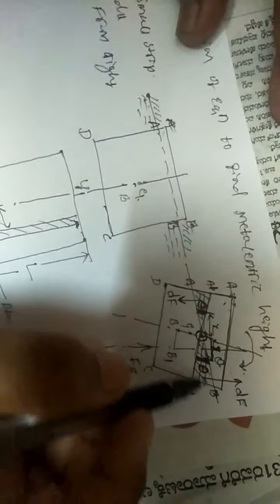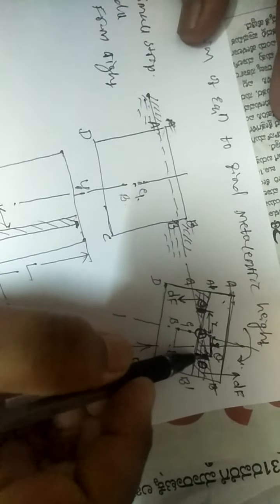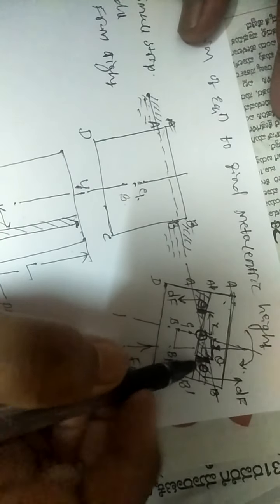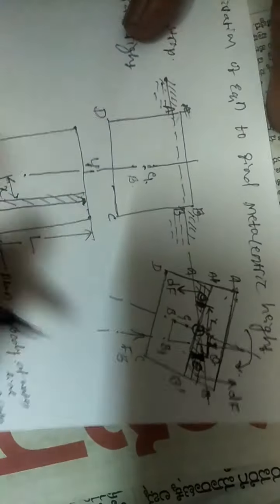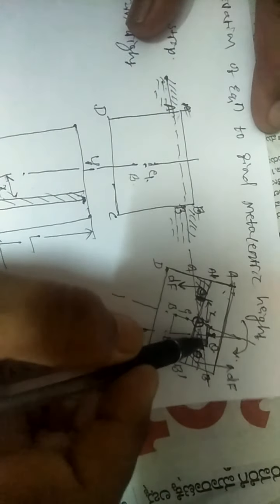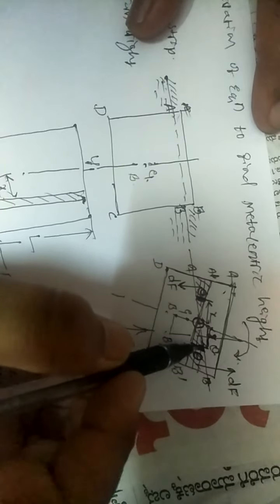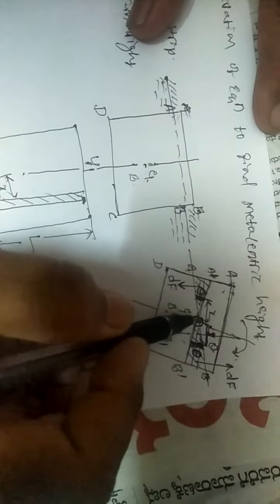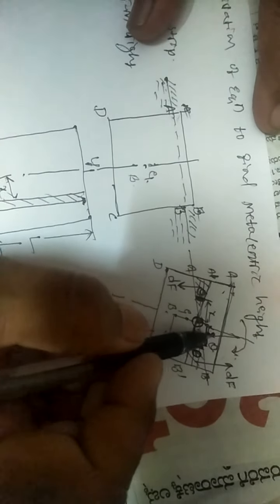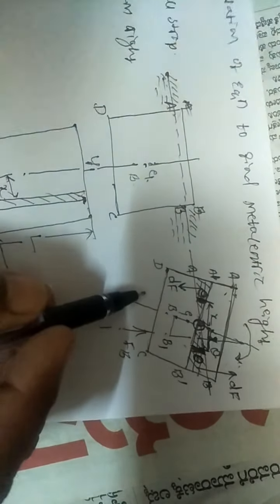Here you see, we consider a small strip of the prism of thickness dx at a distance x, and here also at a distance x in the plan. This element or strip of the prism is at a distance x from O on the right hand side, and the same at a distance x from the left hand side. These two strips we have to consider.